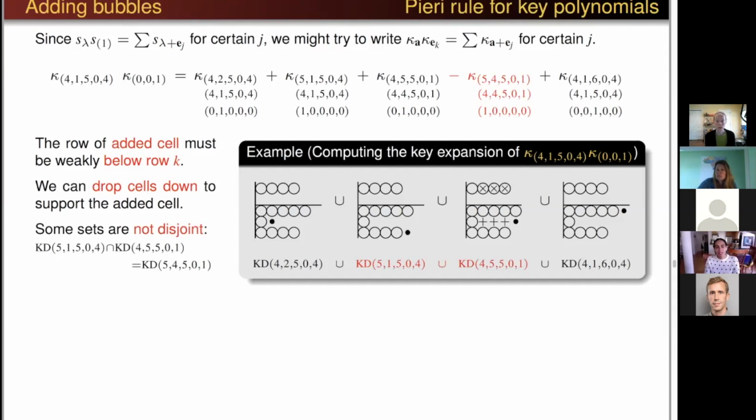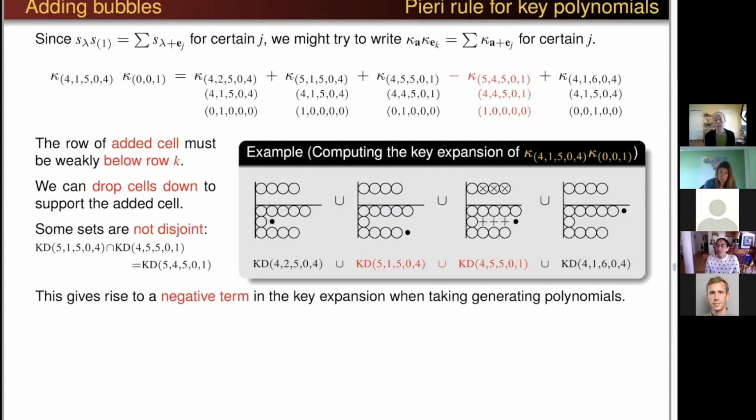If I take the set of Conrad diagrams for 51504 and the set of Conrad diagrams for 45501, they have a non-trivial intersection, and their intersection is exactly that negative term. So this was the great observation, and it's due to my grad student, Dan Joseph Quijada. He noticed that's exactly what's happening on these negative terms. It's the intersection of these sets. So negative signs are coming up in the nicest possible way.